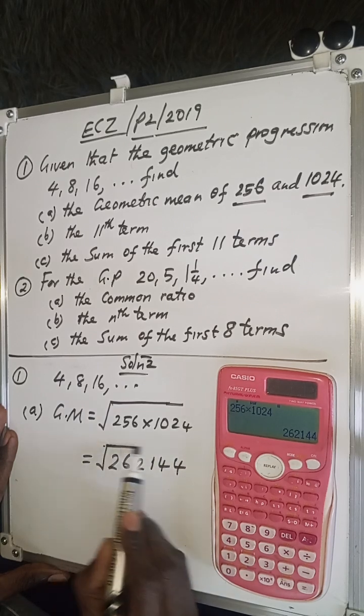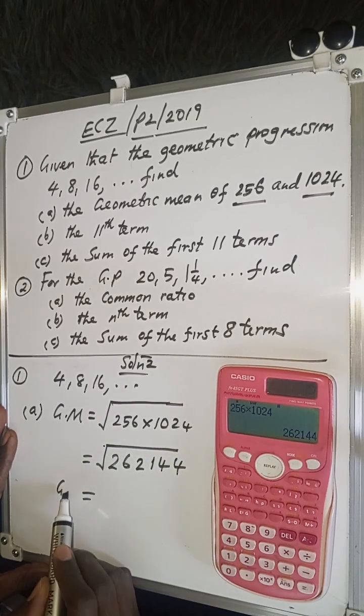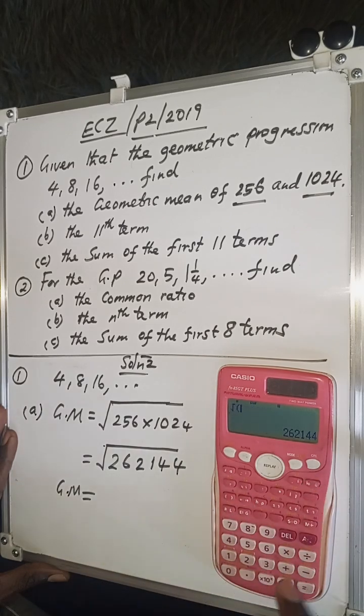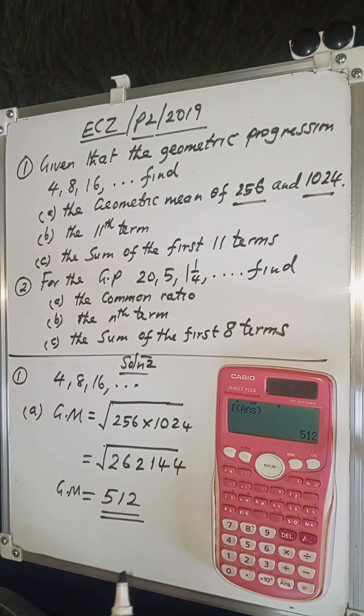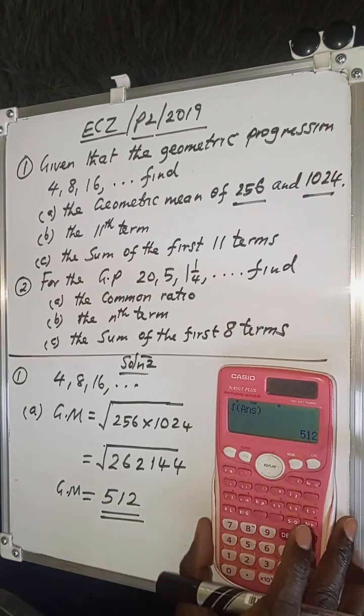Then you just need to find the square root, right? So what is the square root of what I'm having there? It is giving me 512. So that is the geometric mean for the numbers that they have given you. So it's not something that is complicated. You need to remember that the values are actually very simple. So basically, that is what you can do if it comes to that.